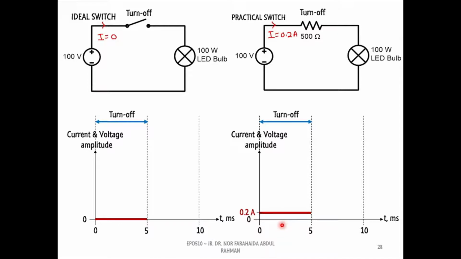Based on that, we can see that both the ideal and practical power switches have the same high voltage across them. The voltage is equal to the voltage supplied by the voltage sources. Thus, we can sketch the voltage waveforms as follows.